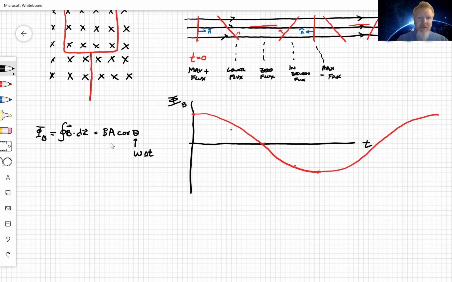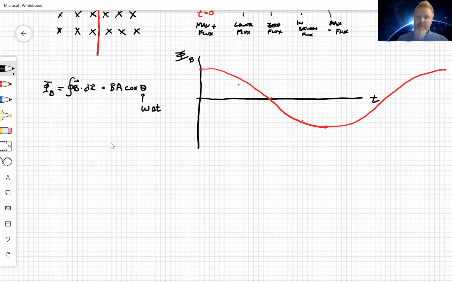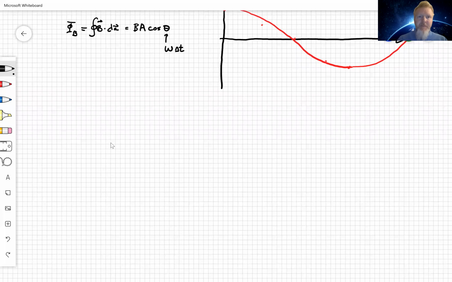Now, the question is what's the EMF generated in this loop? So the EMF is minus d by dt of the flux. Okay.